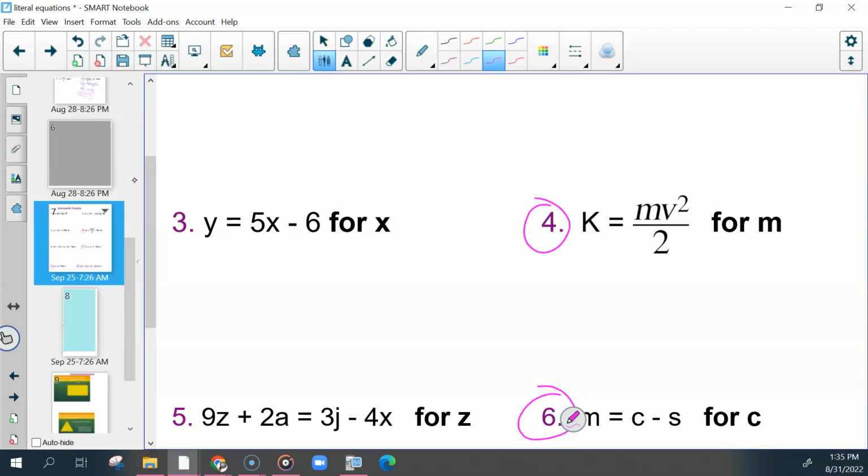So doing 4, we're trying to get m by itself, so we got to get rid of v squared and 2. What would we do first? What about the 2? Multiply 2 on both sides. Because then your 2's would cancel.